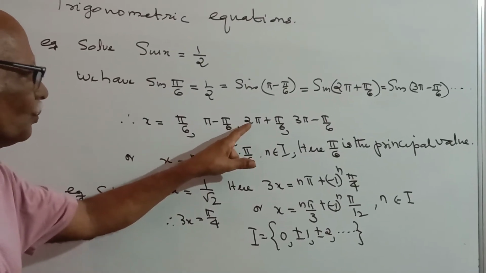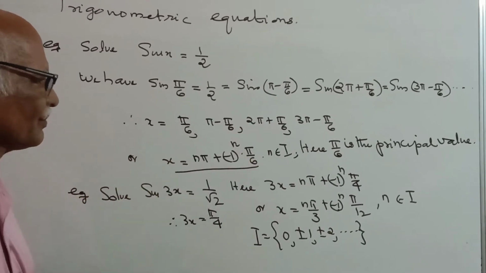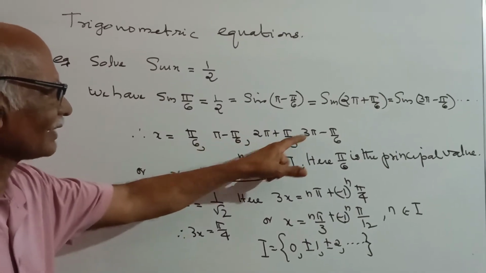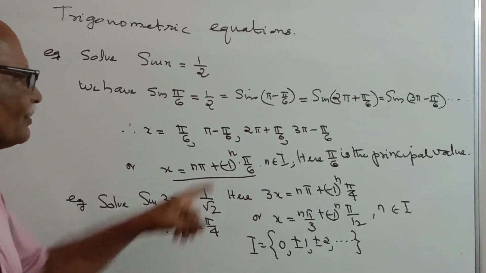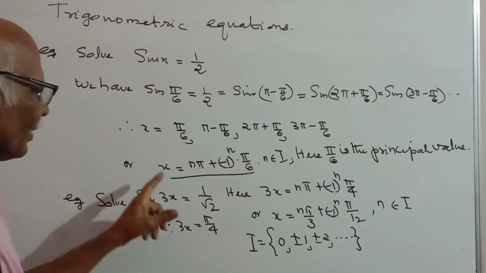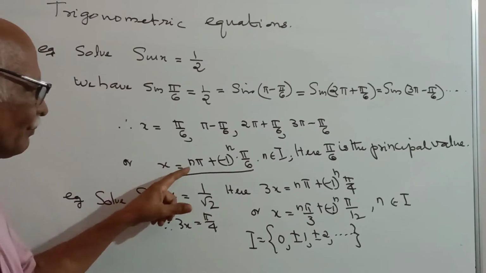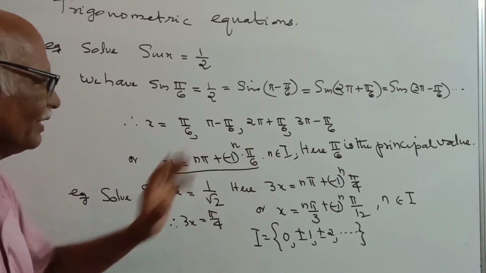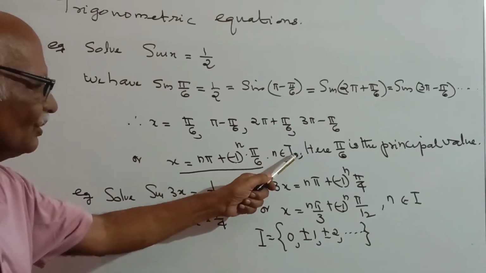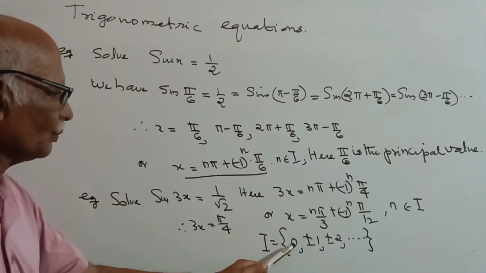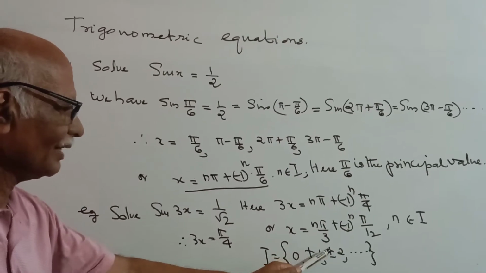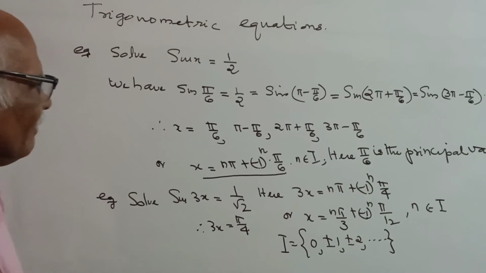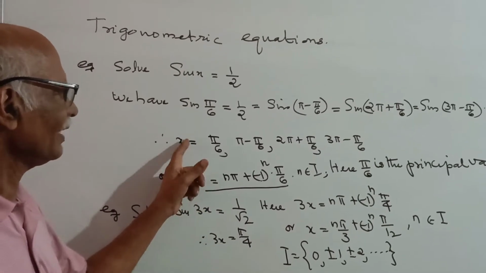So when 2, 4, etc. come, it is plus. When 1, 3, etc. come, it is minus. So x is equal to, this is the formula, n pi plus (minus 1) raised to n, times pi by 6, where n is an integer. n belongs to 0, plus or minus 1, plus or minus 2, etc. Now we see various values can be obtained like this.